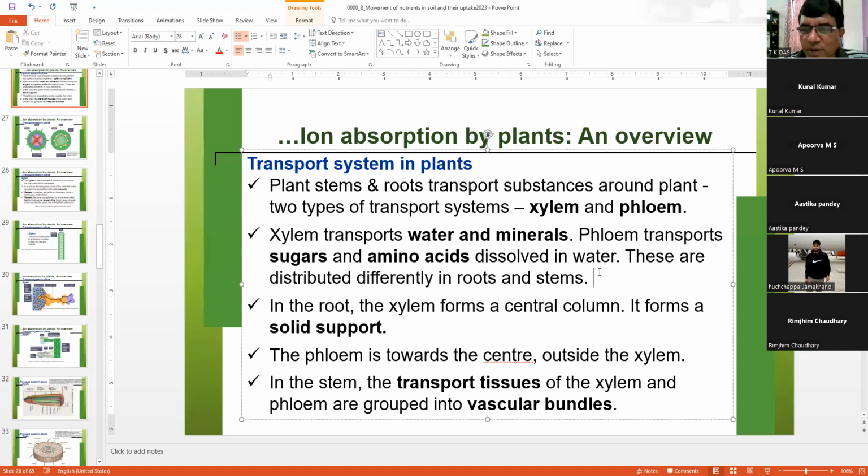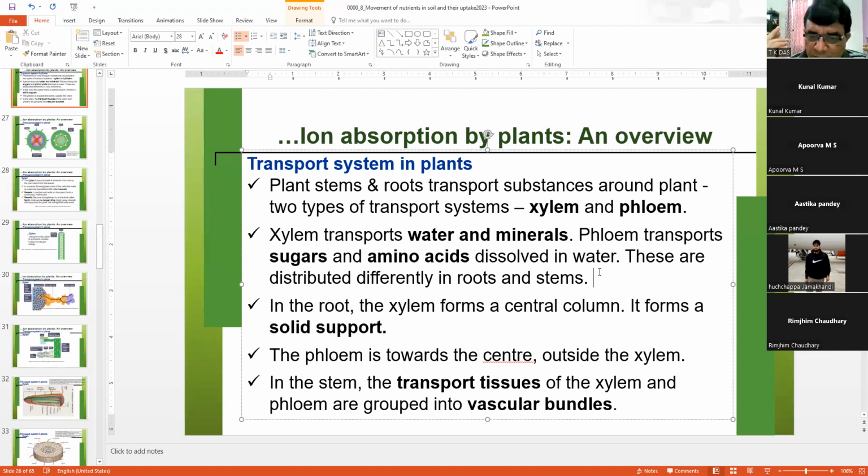These two vascular bundles are basically in continuum. They are continuous. Sometimes their shape, size, and cells may change, but they are in continuity, so that the materials are distributed in plants, though not uniformly to all the parts.